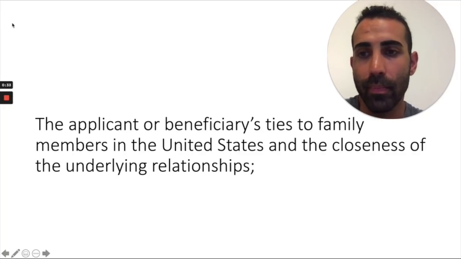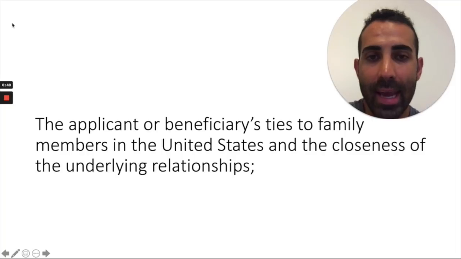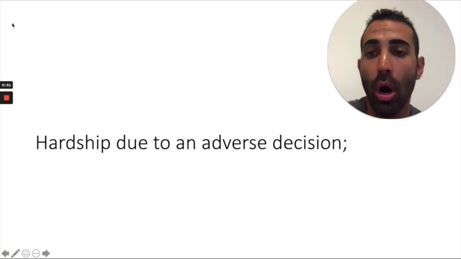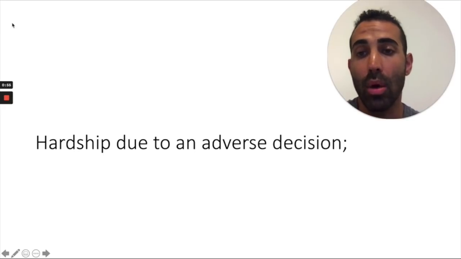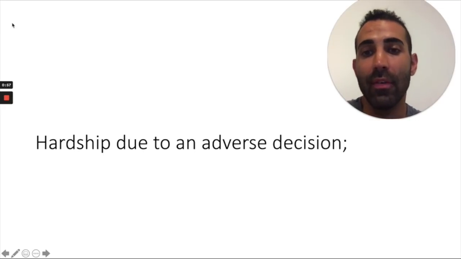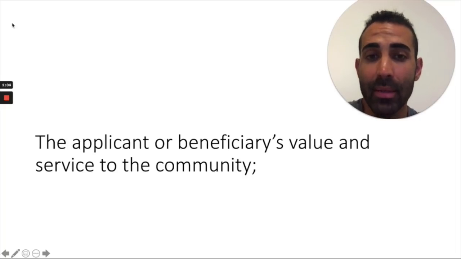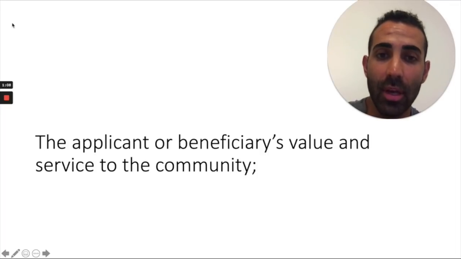The next one, the applicant or beneficiary's ties to family members in the United States and the closeness of the underlying relationships. The next factor, hardship due to an adverse decision. So they would look at what type of hardship would result if the benefit was denied for whatever reason. The applicant or beneficiary's value and service to the community.